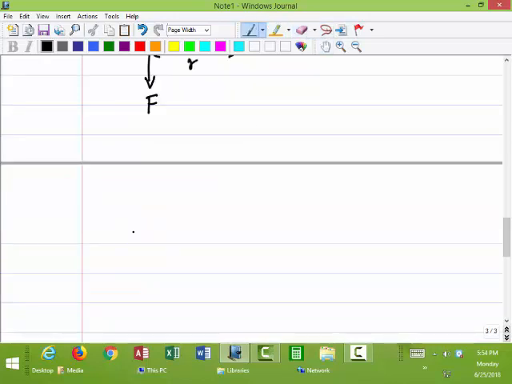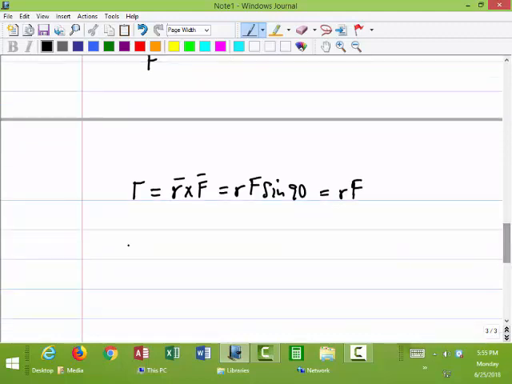And so in this scenario, the torque is given by R cross F, which is equal to RF times the sine of the angle 90 degrees, which is equal to R times F. So in this case, the torque is a maximum. Let's consider another scenario like that, where again we have our bolt. Let's say that this time the force is at a certain angle.